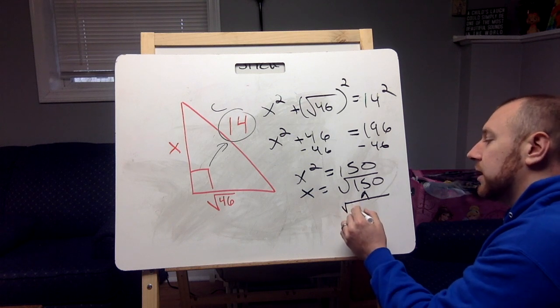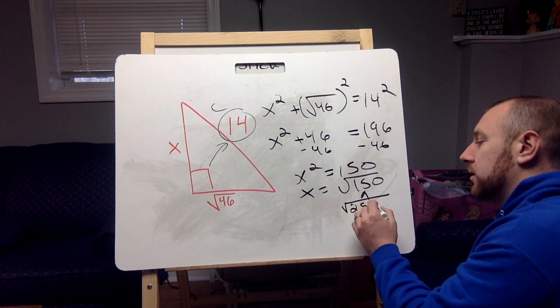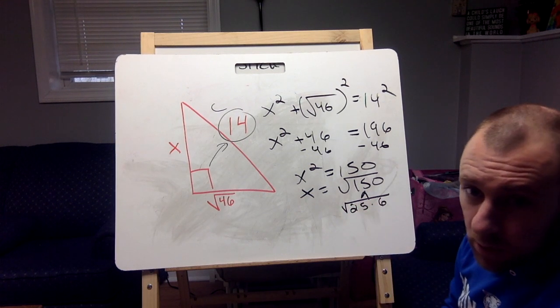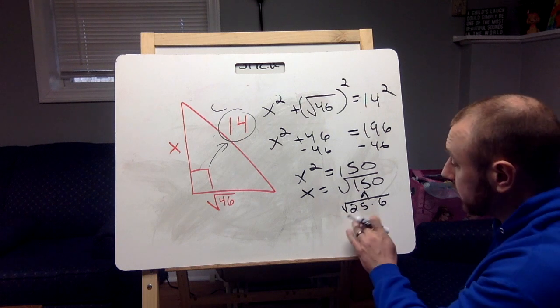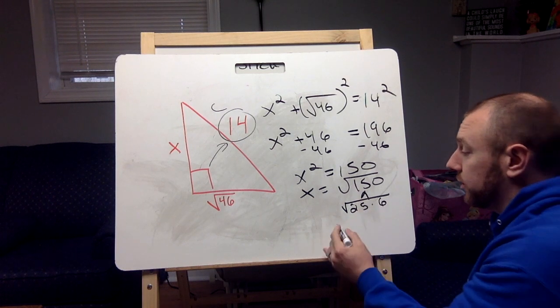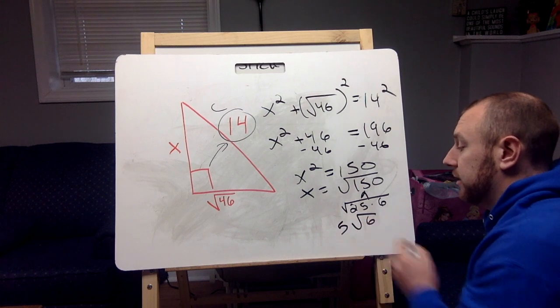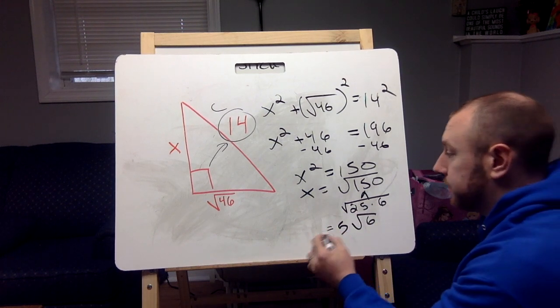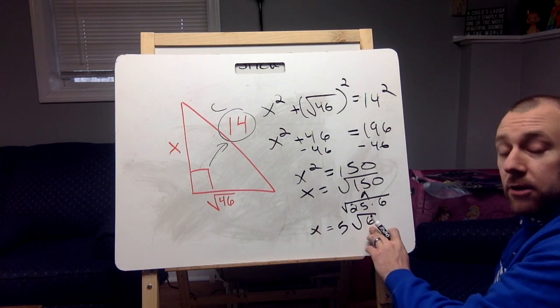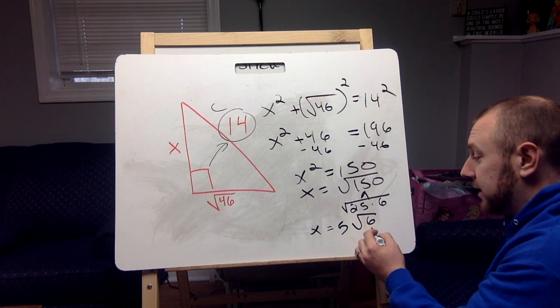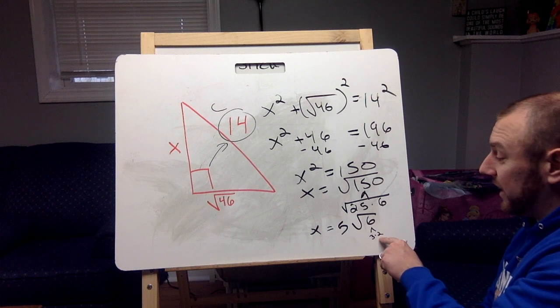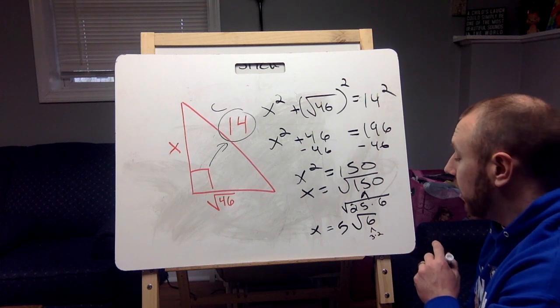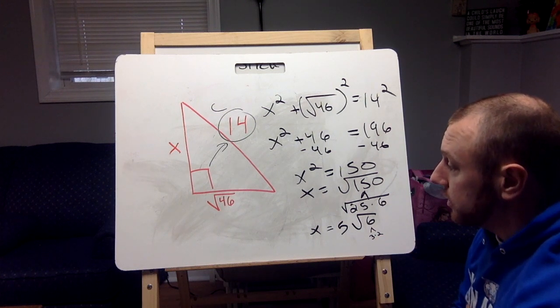So this is really 6 times 25. So now I take the square root of 25, I get 5 square root of 6. And I know that I'm done here because 6 is really 3 times 2, and I can't find the square root of either one of those numbers.